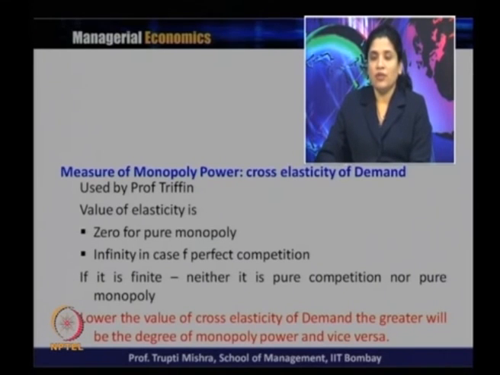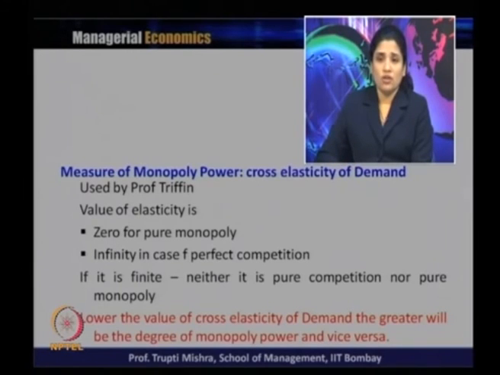If cross elasticity of demand is 0, obviously there is no close substitute at all, and if it is infinite then all the products produced in the market are close substitutes to each other. If it is finite, it is neither pure competition nor pure monopoly, and so it is between these two extremes, that is monopoly and perfect competition.